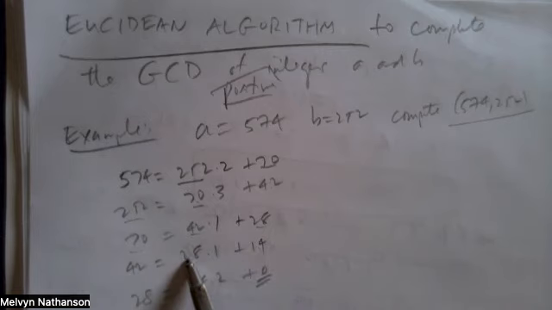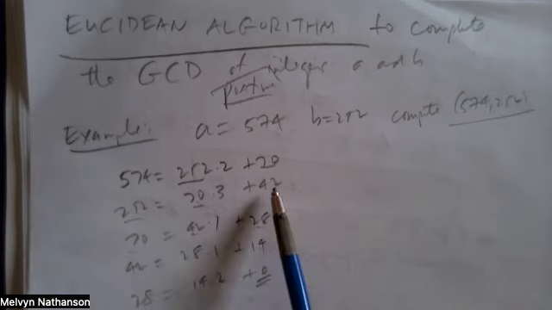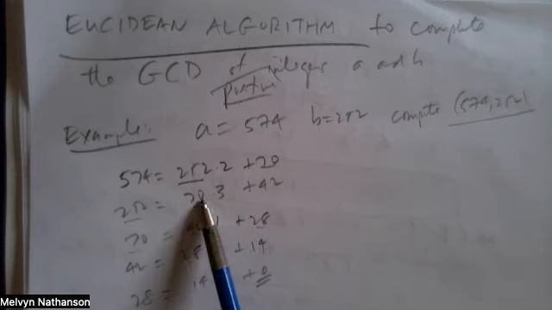And what does this say? Well, 14 divides 28. So 14 divides 28 and 42, and it divides 70. If 14 divides 42 and 70, it divides 252. And if it divides 70 and 252, it divides 574.